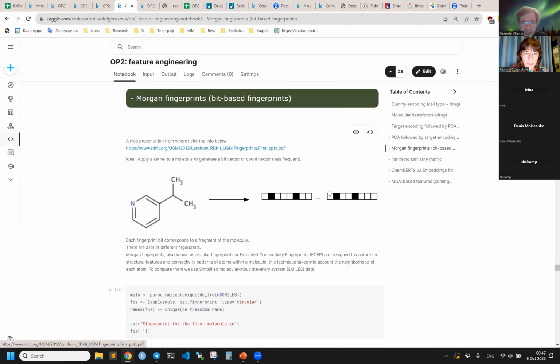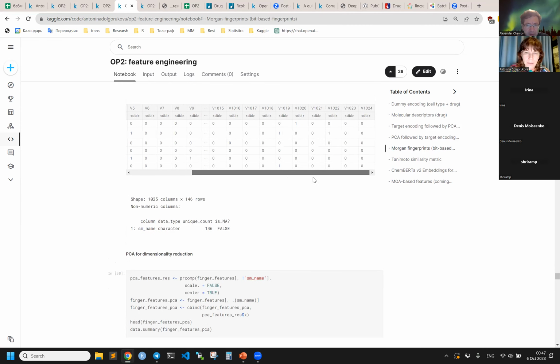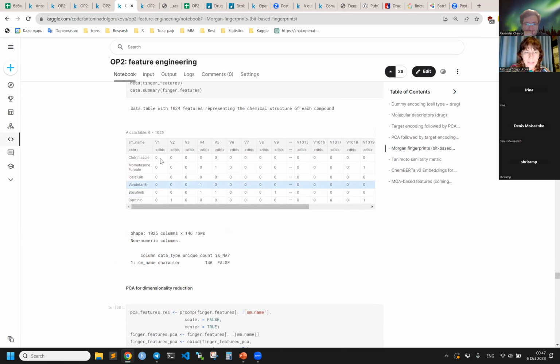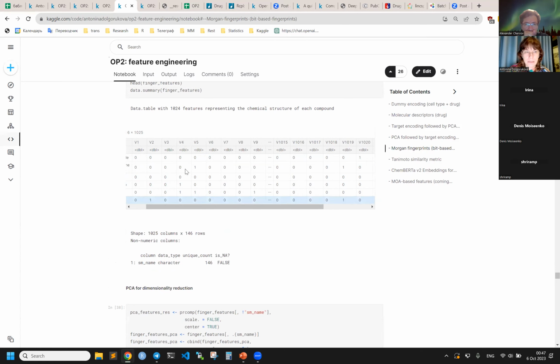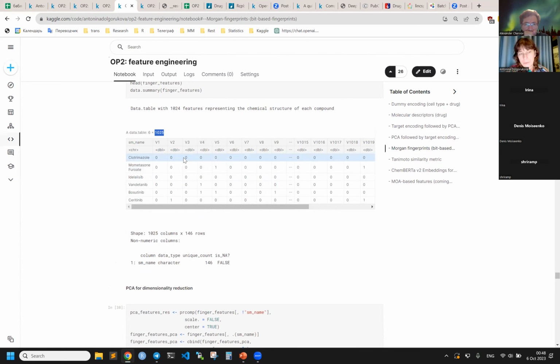Fingerprints produce a binary matrix. Here is 1025 columns, all zeros and ones, a binary matrix. It also represents chemical structure, but in a different way than molecular descriptors do.